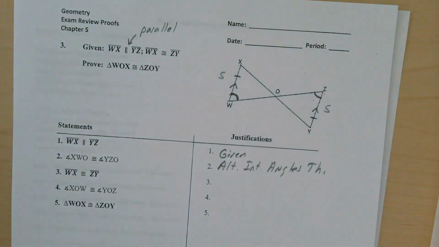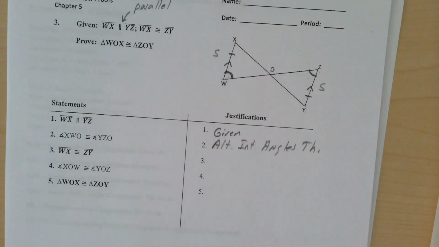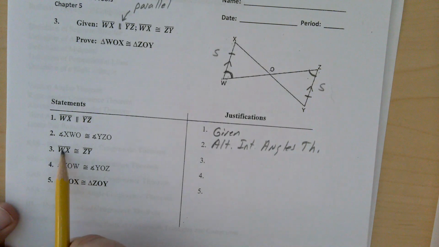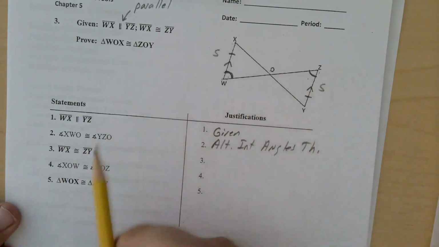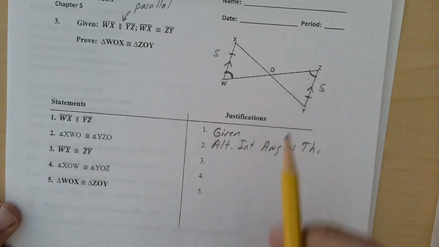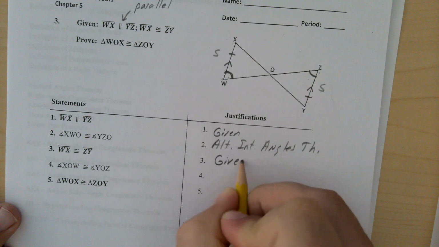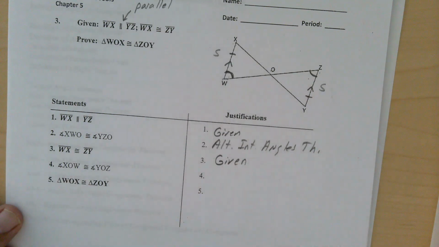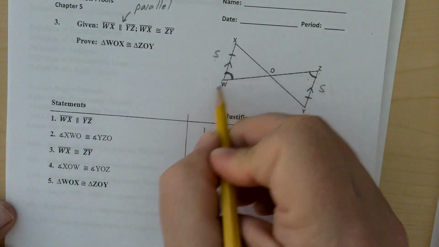That's what you need to be on the lookout for on your test. Then I have this statement again, WX and ZY are congruent only because we were told they were congruent. We were also told that they were parallel, but it was nice to be told that we have a side. So far we have a side and we have an angle.